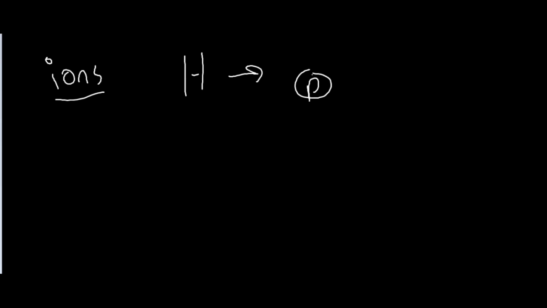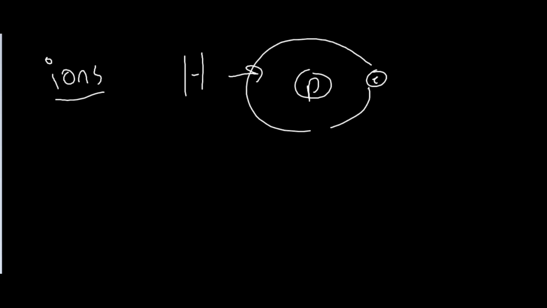All right, so last thing, ions. So ions are just charged atoms or molecules. So let's get hydrogen as an example. Hydrogen has 1 proton, and it's surrounded by 1 electron.